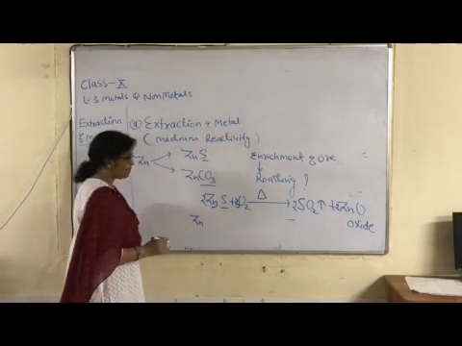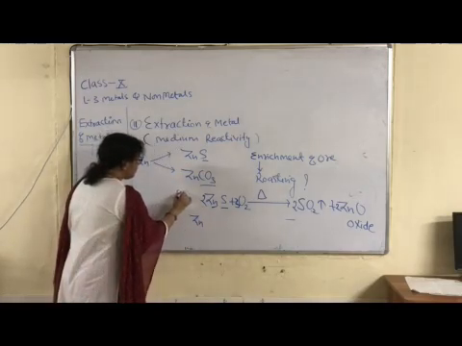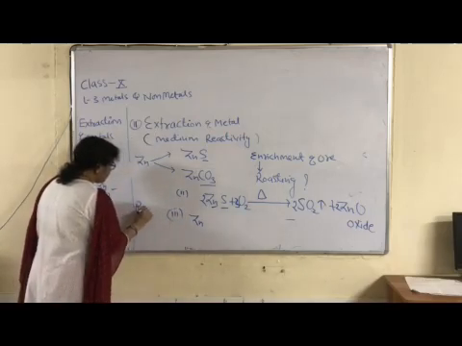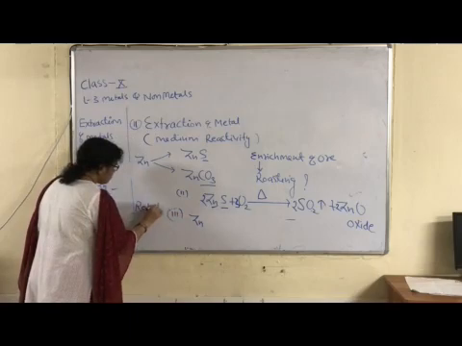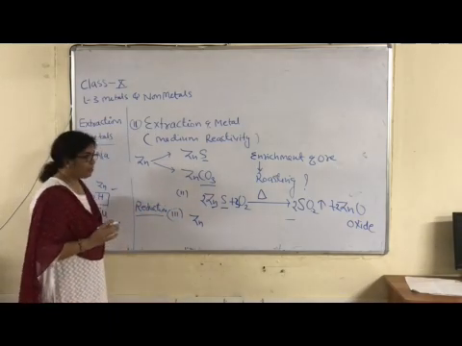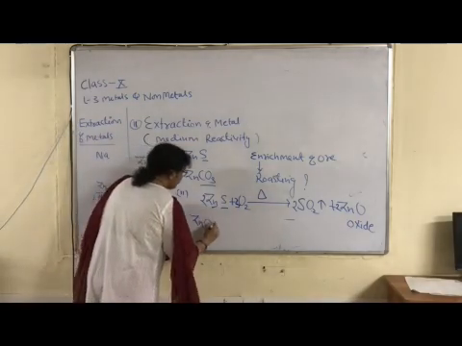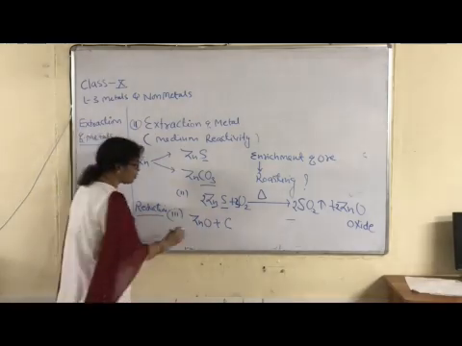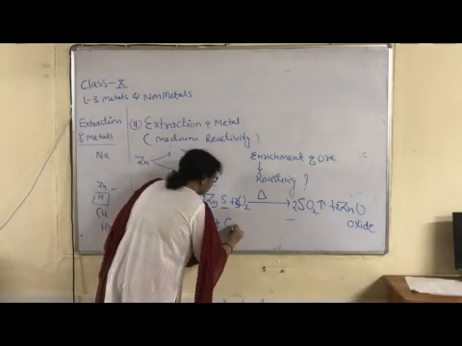Now after roasting, the third step is reduction. Reduction means loss of oxygen from an oxide. Here coke, a solid form of carbon, is used as the reducing agent.